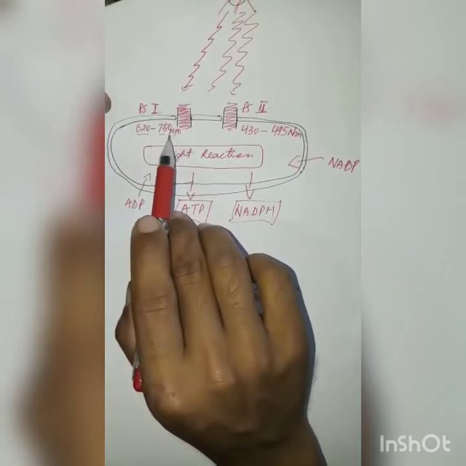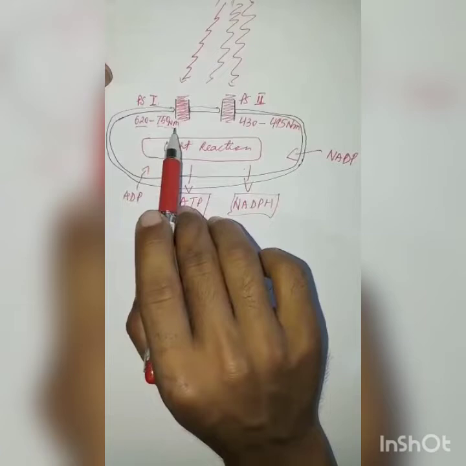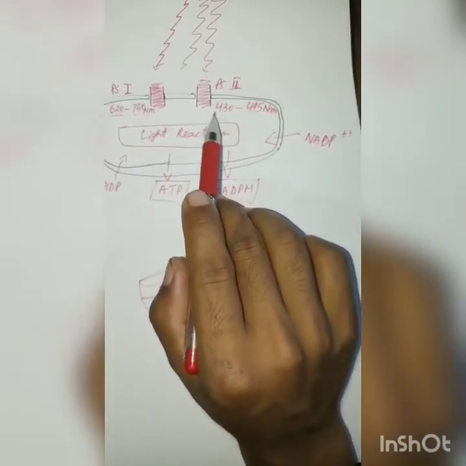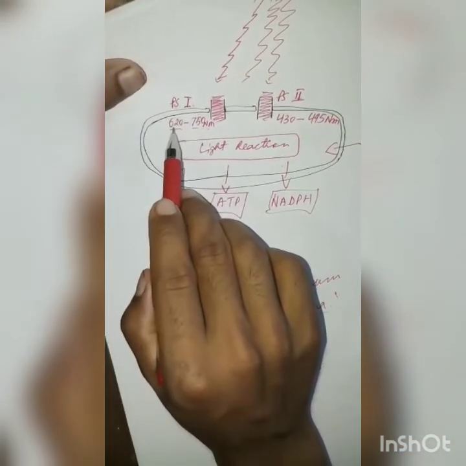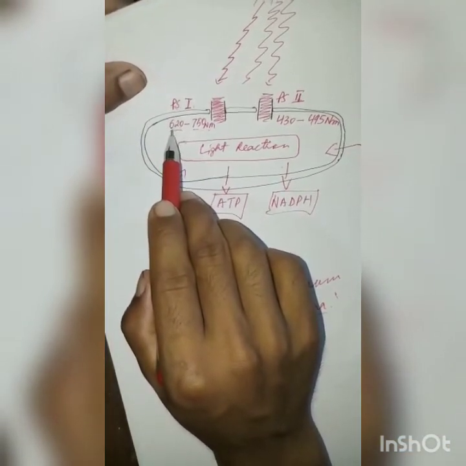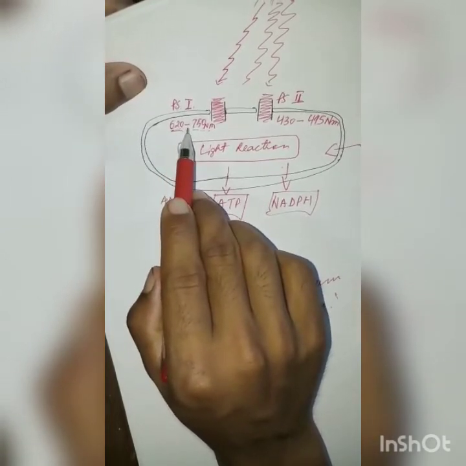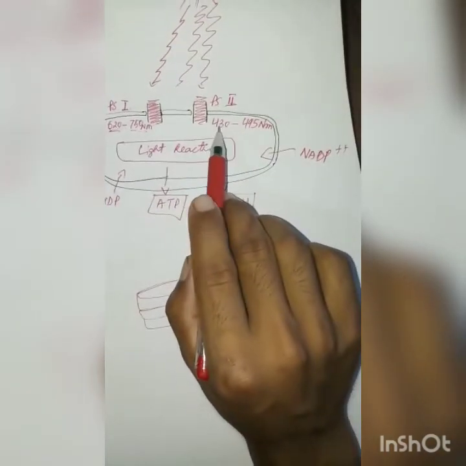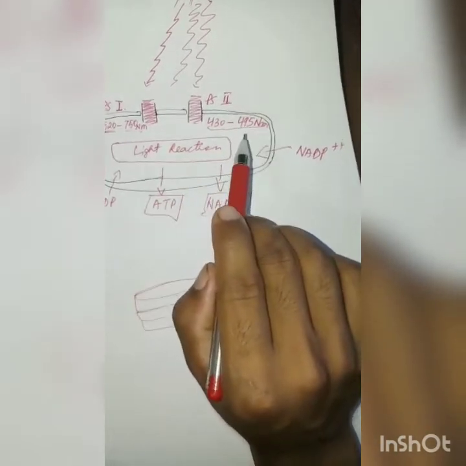This comprises yellow, orange, red, pink, etc. And this PS2 absorbs sunlight in the range between 430 and 495 nanometers.